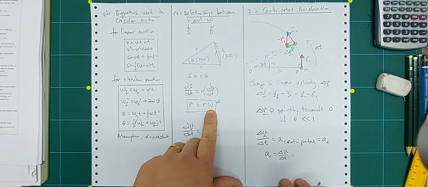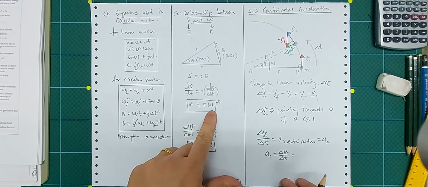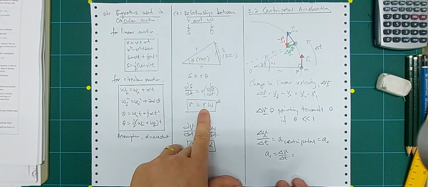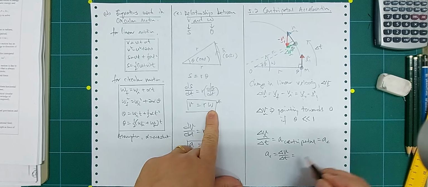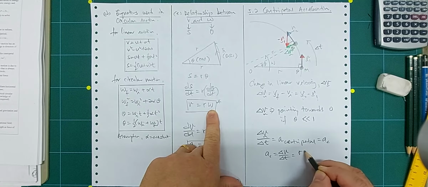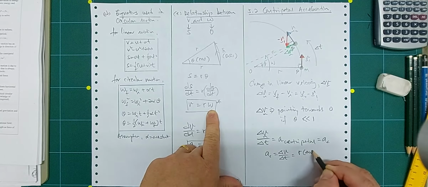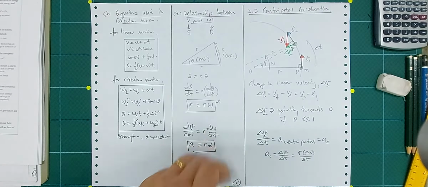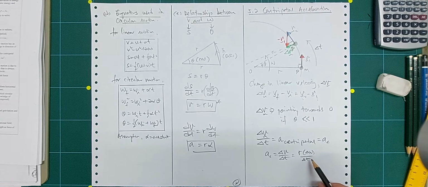Since r cannot change, we have something like r times delta omega over delta t. So this might be another possibility to get the equation.